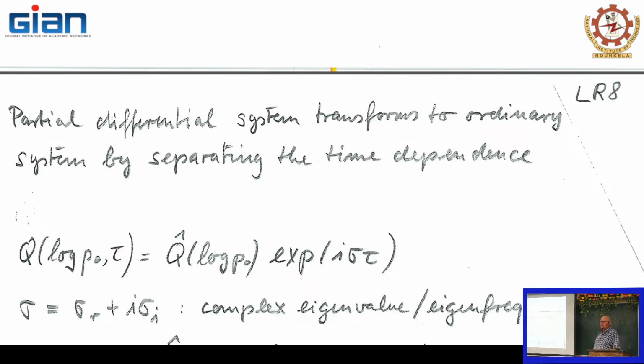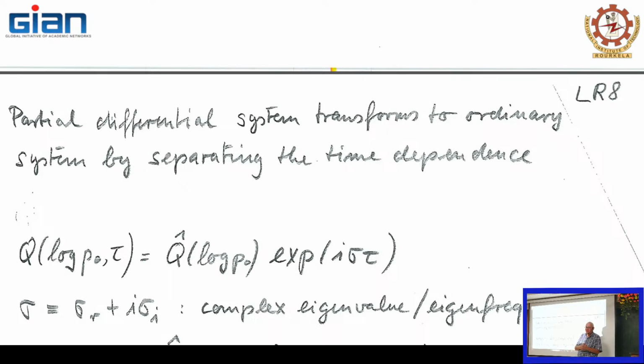Well, then the time derivative of a quantity with respect to the time tau would result in the same function times a factor of I sigma. The time derivative will not act on this part, it acts on the exponential, and the time derivative of the exponential will give the exponential times the inner derivative, which is I sigma.